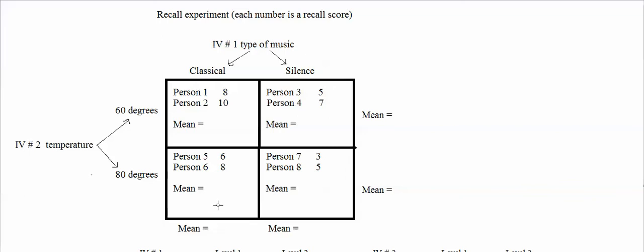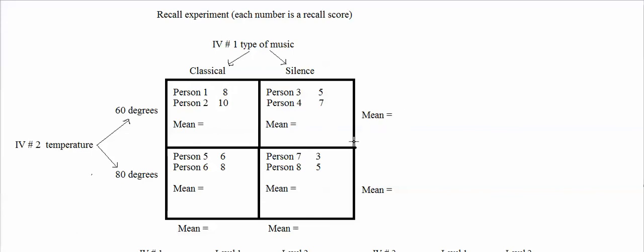To get this one right here, you add the 4 classical recall scores and divide by 4, and that's your answer. Here you add these 4 numbers and divide by 4, and that's your answer. To get these marginal means for the temperatures, for this one, you add the 4 recall scores in the top row and divide by 4.